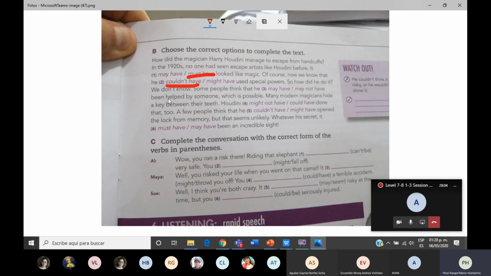So how did he do it? We don't know. Some people think that he may not have been helped by someone, which is possible. May have, muy bien, aquí tenemos, may have, so that he may have been helped by someone. Many modern magicians hide a key between their teeth.